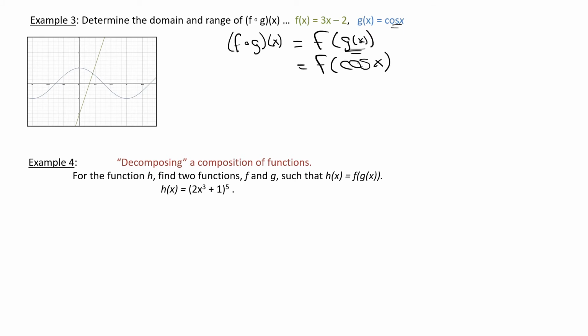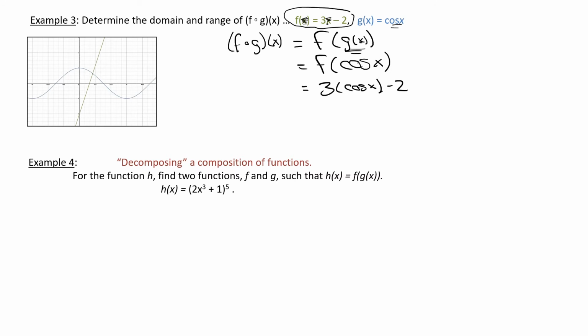Okay. Now what is f at cos x? Well, here's f. Everywhere I have an x, I'm going to have to replace that with a cos x. So f at cos x is 3 times cos x minus 2.